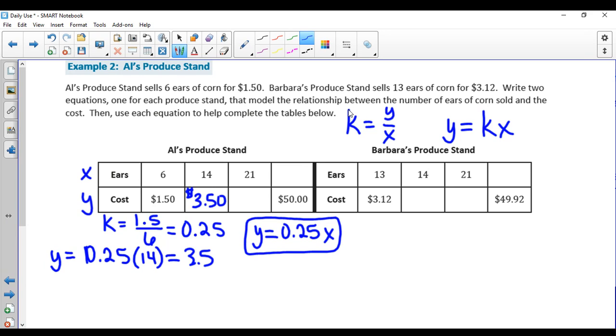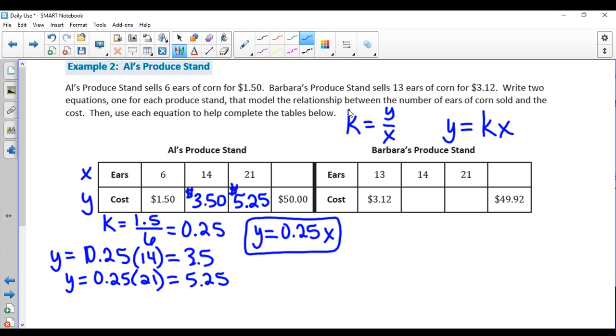We'll do the same thing to find the cost for 21 ears of corn. y equals 0.25 times 21, which equals 5.25, or $5.25.